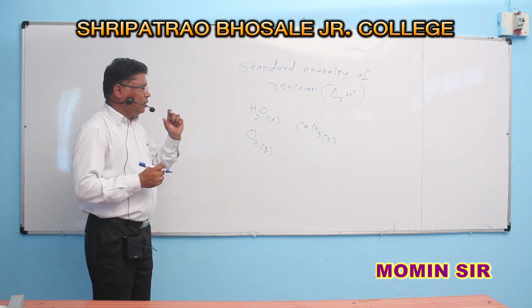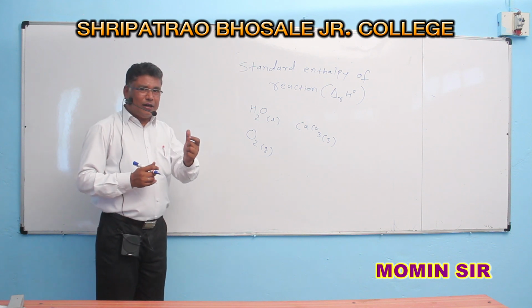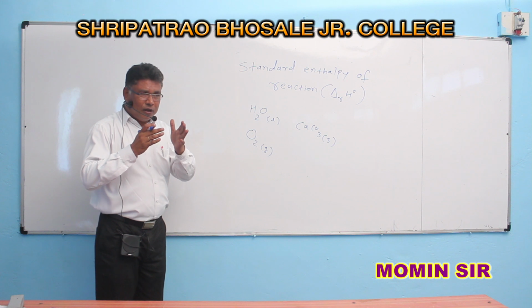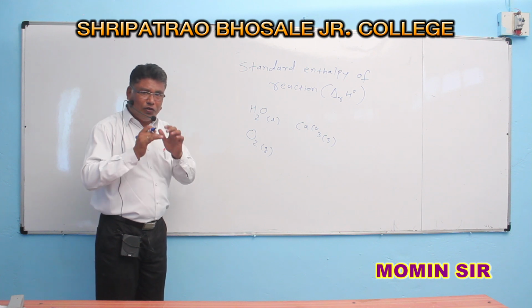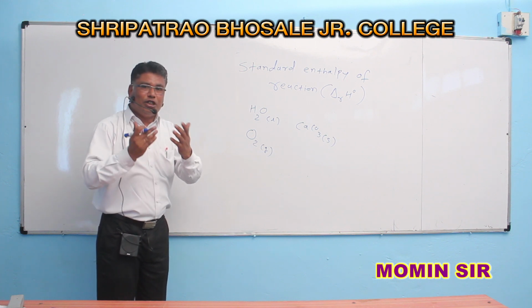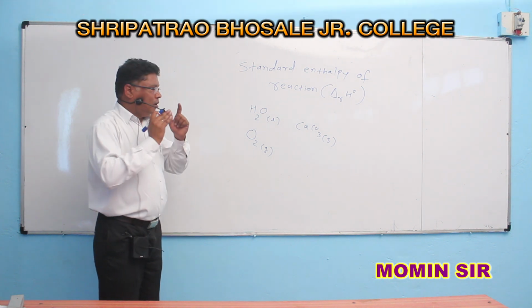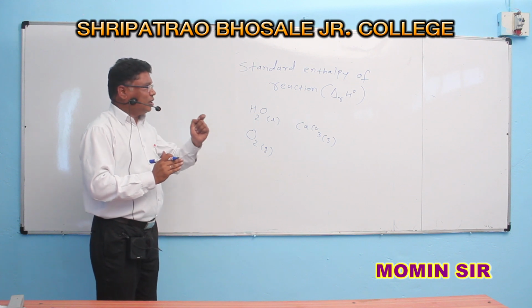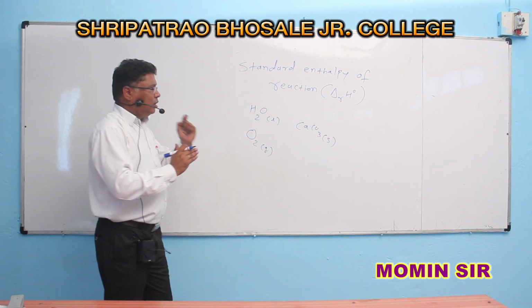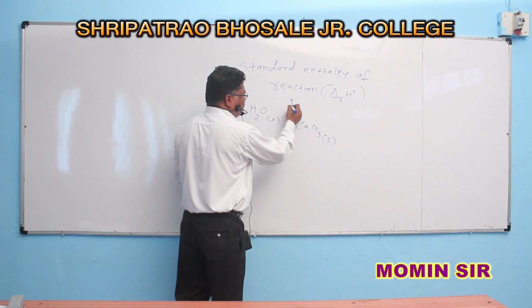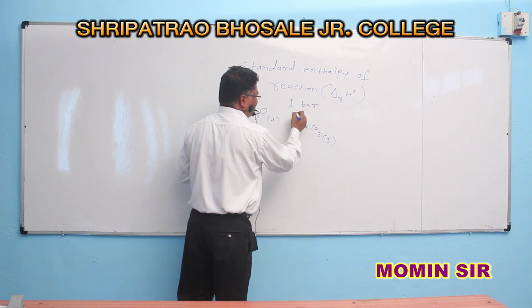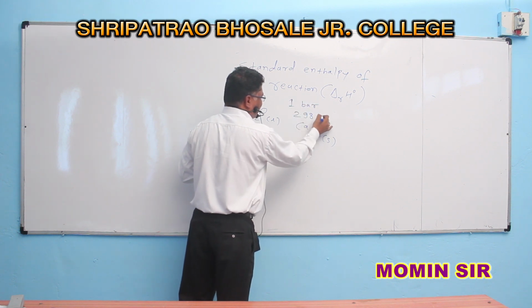What is called the standard state? The physical state in which the substance is more stable is called the standard state. What is the condition for standard state? Pressure should be 1 bar and temperature 298 Kelvin.